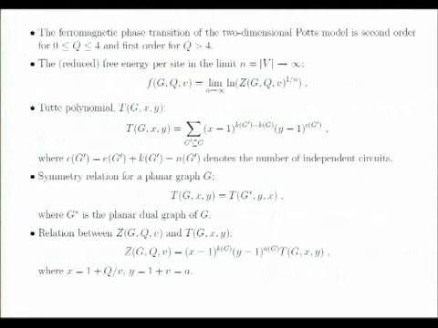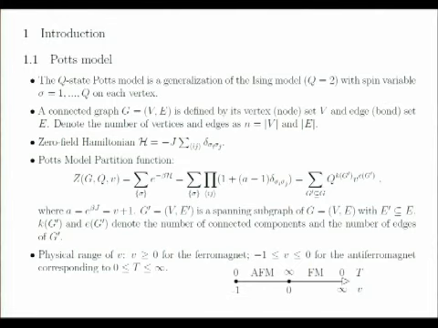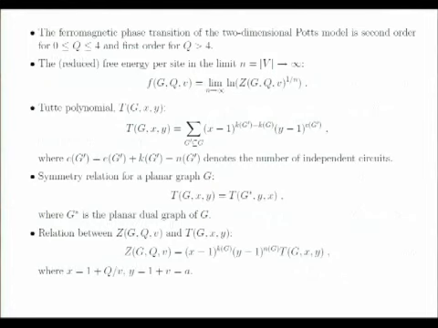Okay, and as you just heard, we can define the free energy per site, and we also know that the Tutte polynomial can be expressed in terms of a summation over spanning subgraphs. If you compare with this Fortuin-Kasteleyn expression for the Potts model partition function, it is also a summation over spanning subgraphs. So there is a certain relation between the Tutte polynomial and the Potts model partition function, with some prefactor and change of variables x equal to 1 plus q over v, and y equal to 1 plus v.